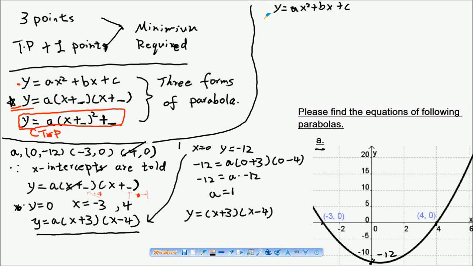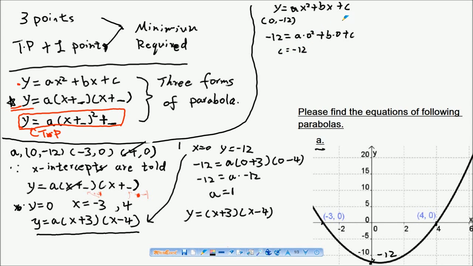First, we substitute the y-intercept. When x is 0, y equals minus 12. So a times 0 squared plus b times 0 plus c gives us c equals minus 12.